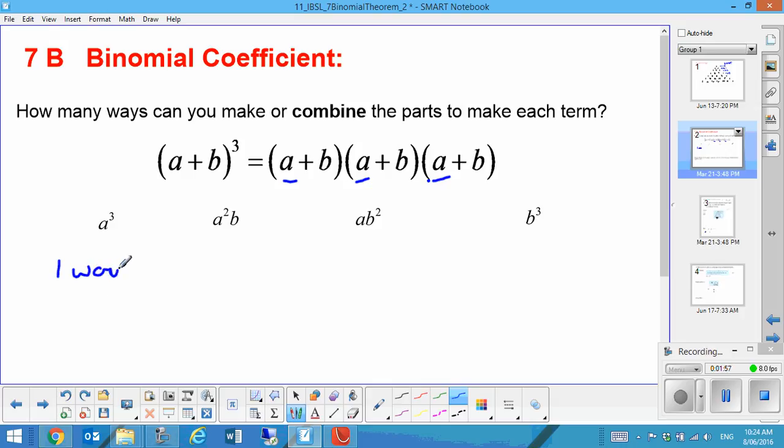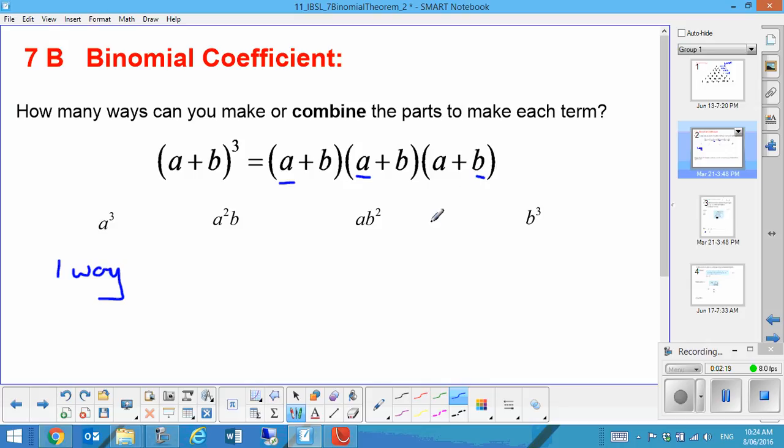All right, to get our a squared b, that could have come from a times a times this b.